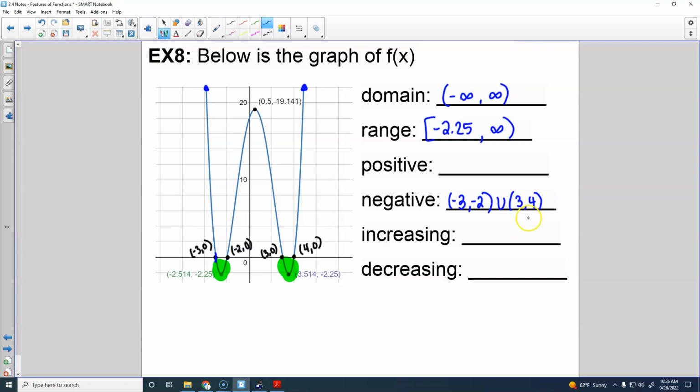So you will basically be positive everywhere else. So negative infinity up till you get to -3. And then you're negative here to -2, -2 over to 3.